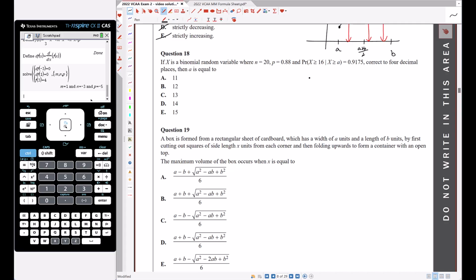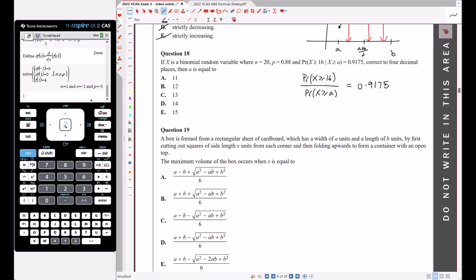Yes, it does. And so then this conditional probability is the intersection of those two things. So that would be the probability x is bigger than or equal to 16 over the probability that x is bigger than or equal to a, which has to be 0.9175.